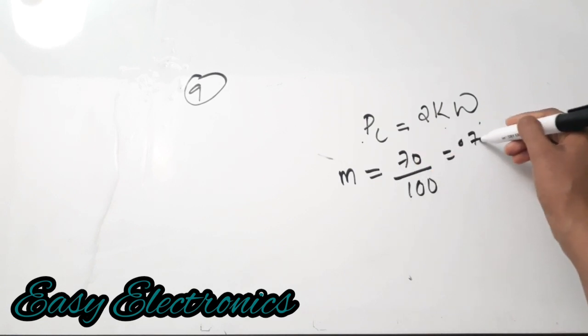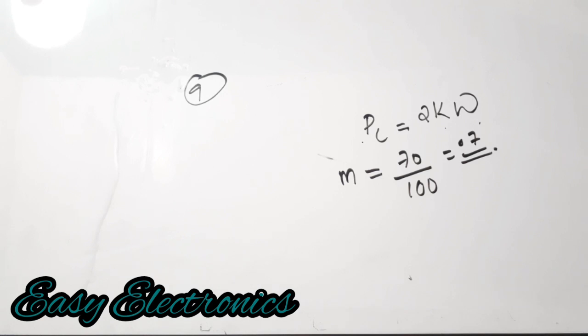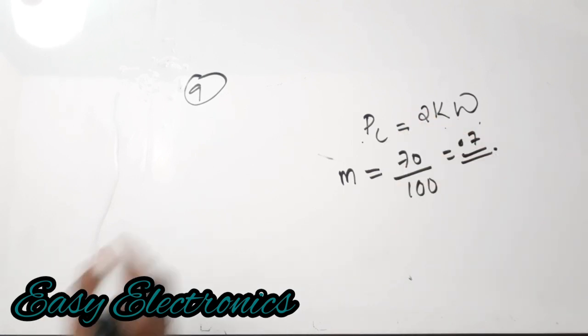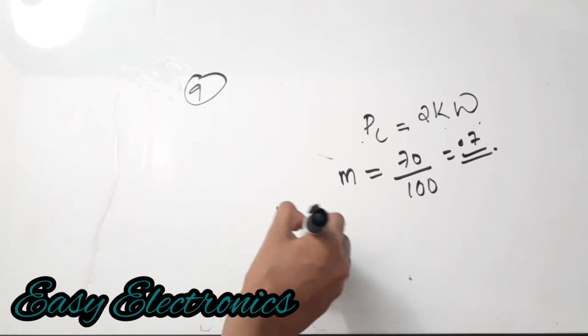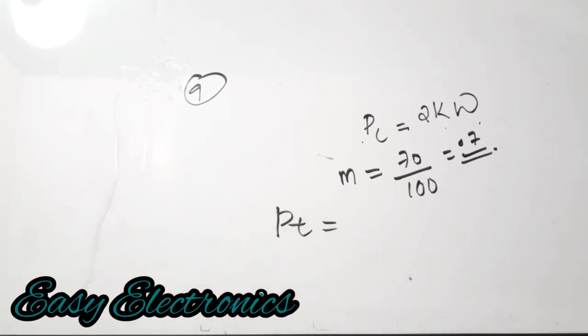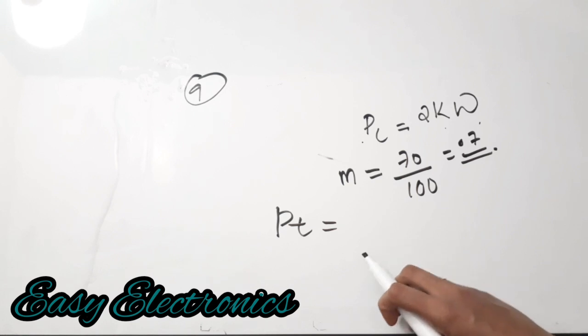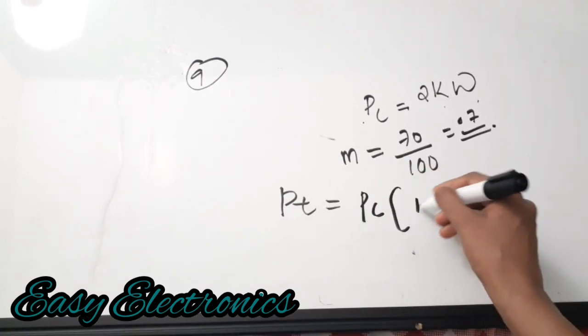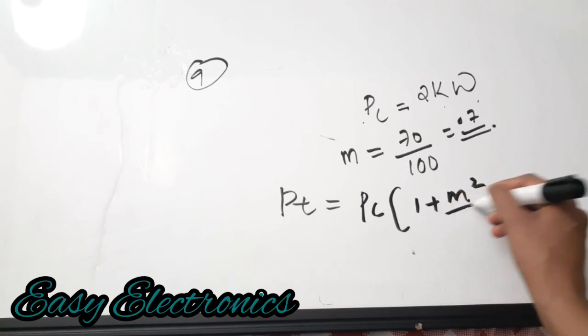Now, if you have these two things, you can find the total power of the modulated signal. The power of the modulated signal PT is equal to PC into 1 plus M square by 2.